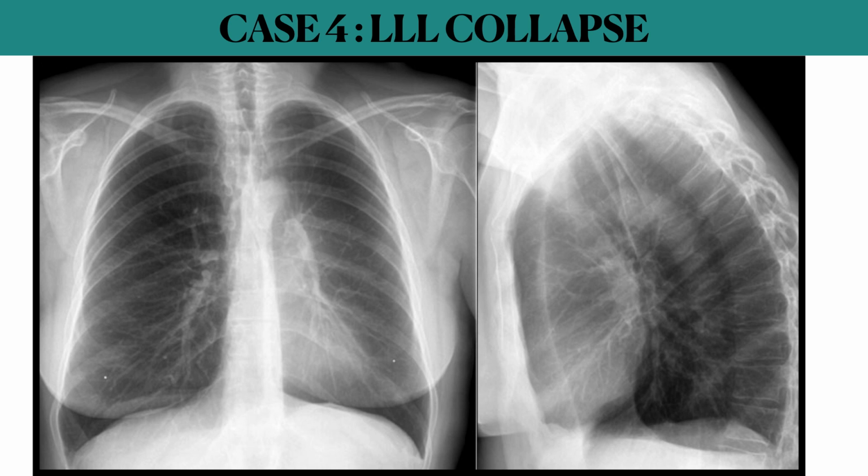And second, we see that the left hilum lies at a lower level than usual, the left lower lobe pulmonary artery is not visualized, the medial aspect of the left dome of the diaphragm is obscured, and the left margin of the adjacent vertebrae is effaced.